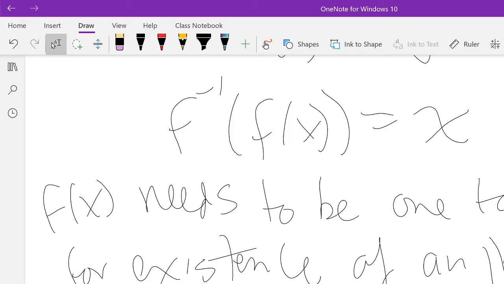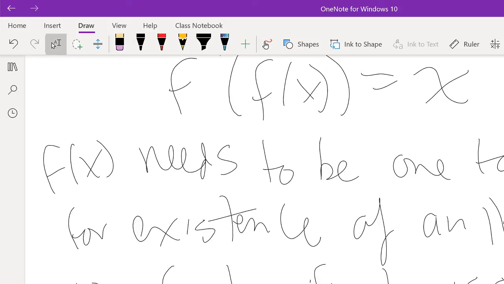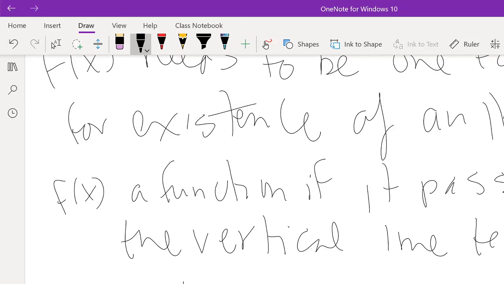All right. Now, in other words, when f of x is a function, graphically it passes the vertical line test. For example, if we had something like this, every vertical line hit at most one point on the graph.